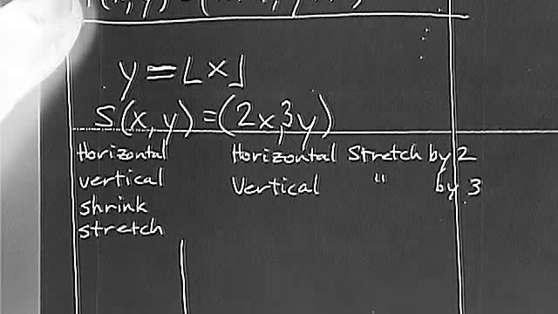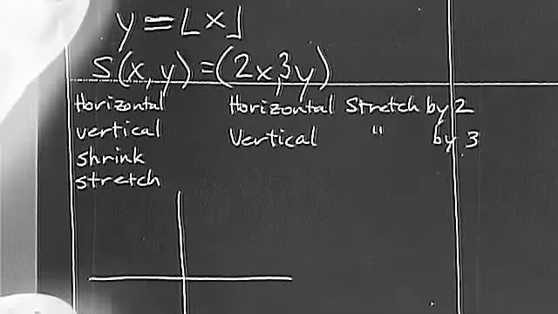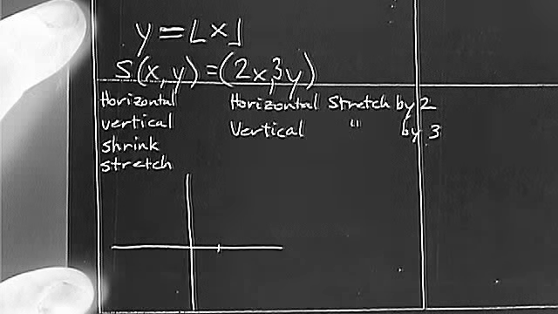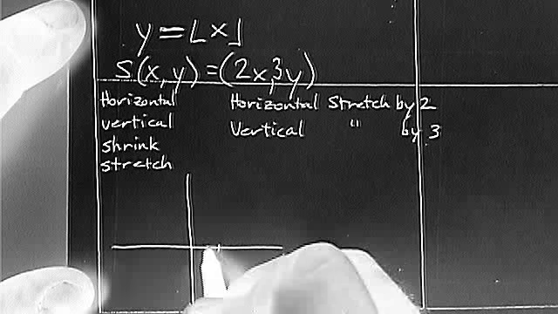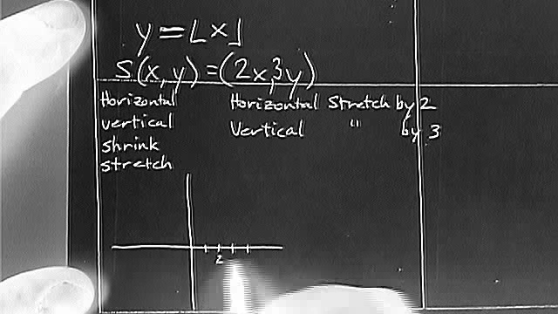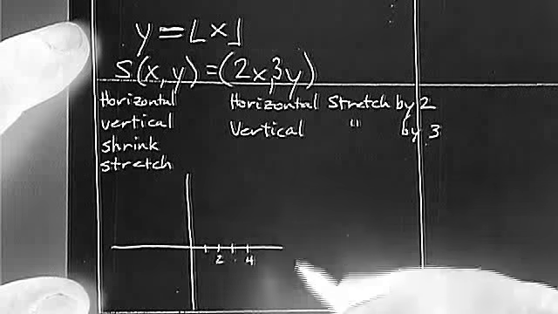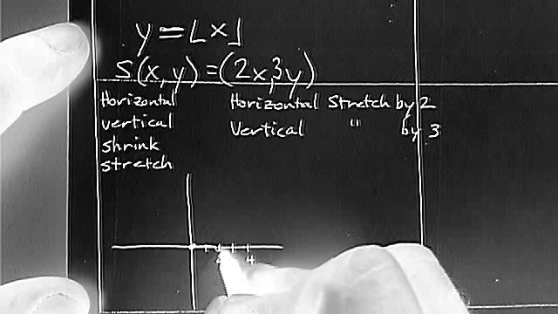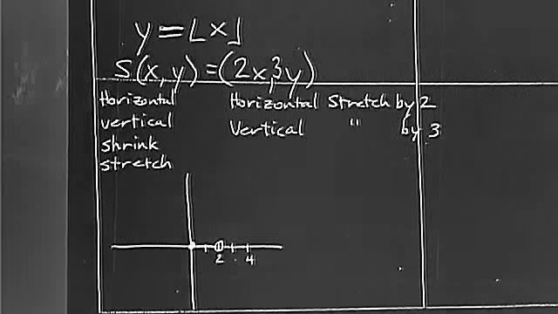So on the graph, we have a step that used to go from 0 to 1. So it used to go from 0 to 1, but now it's getting stretched by 2. So in other words, it goes from 0 to 2. Closed on the left, open on the right, because that's what the rounding function does.